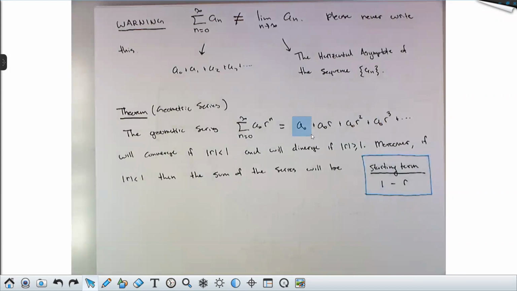By starting term, I mean the very first term you see when you write the series out long form. Starting term might be a naught, it might be a naught times r, or a naught times r squared, depending on where this index starts and what this power is.